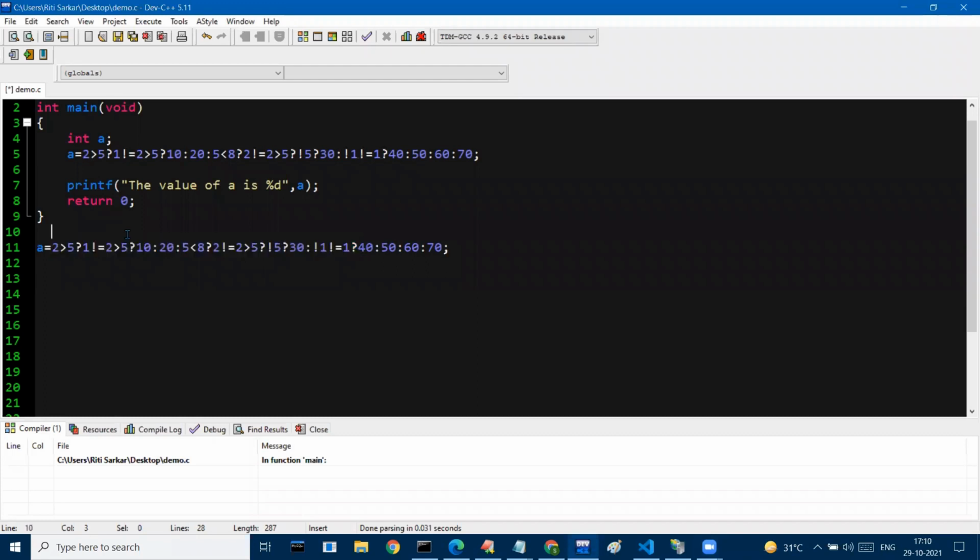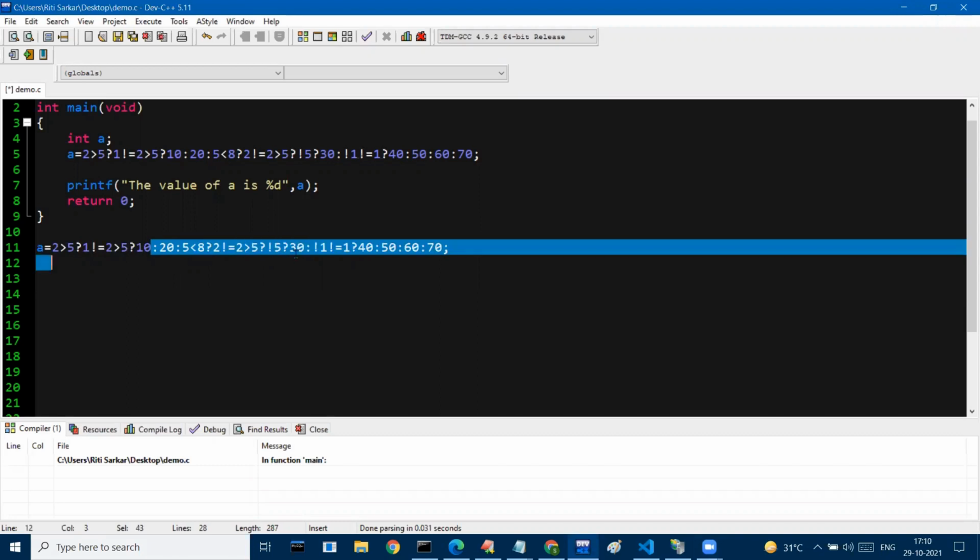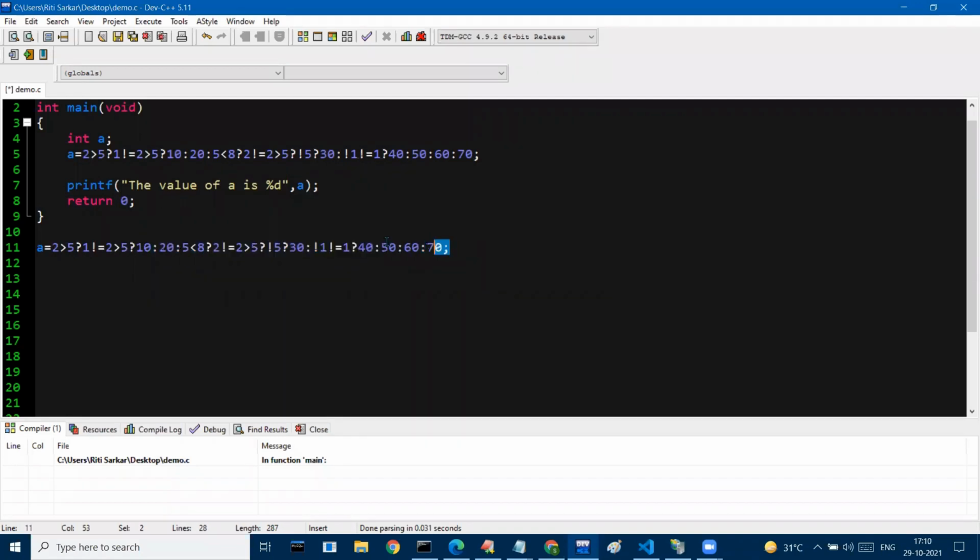Then how many colons must I have? 6. 1, 2, 3, 4, 5, 6. Okay. 6 question marks, 6 colons. So syntactically, no issue.